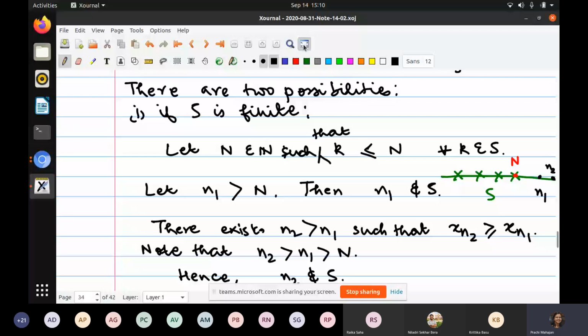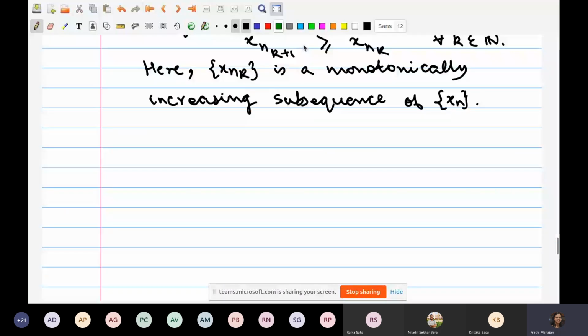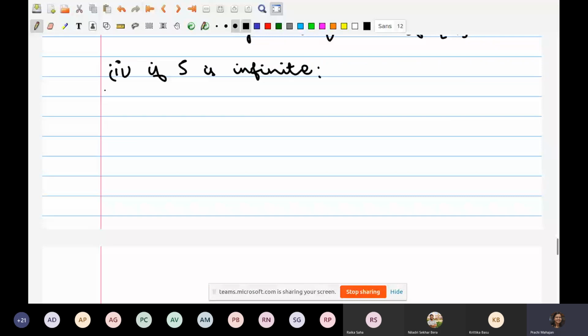So the second scenario is if S is infinite. I'll write the definition of S one more time because it's not on this side. Recall what S was.